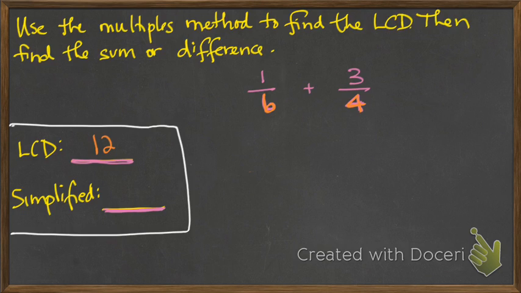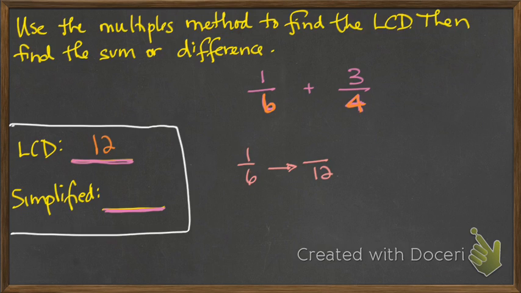Now we need to change each of those fractions so that we can add them. So let's look first at 1 6. We want to change this so now that the denominator is 12. So remember with fractions, you can change a fraction by multiplying the top and the bottom, the numerator and the denominator, by the same number.